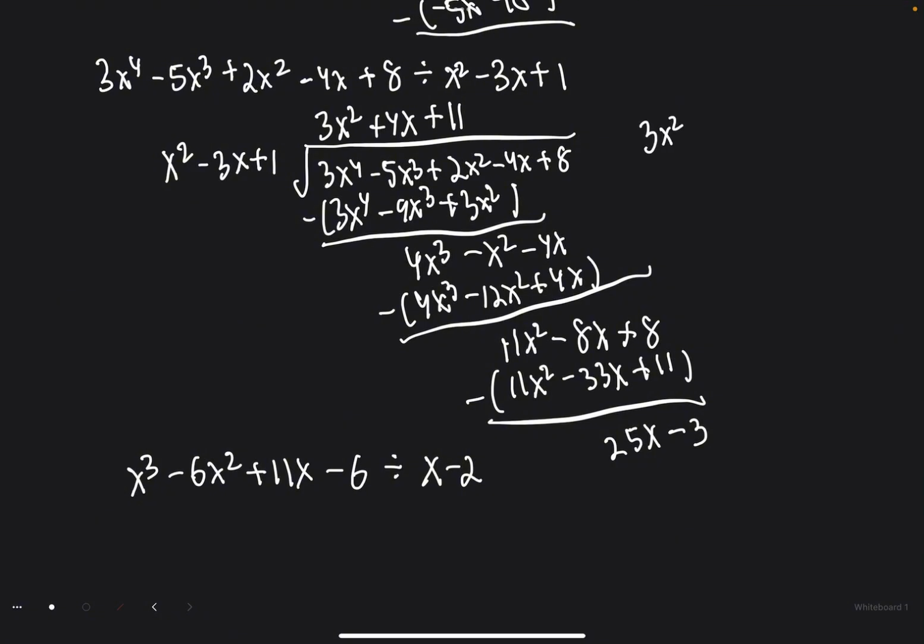So our answer is our quotient plus our remainder over x squared minus 3x plus 1, so that's our divisor. We have to make sure that our remainder is over our divisor.